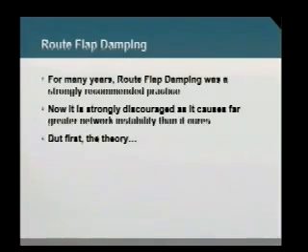Those of us who were around in the early 90s knew the reasons why we had flap damping. Back in those days, it was before the common internet connection was a T1 circuit. People were still dialing in. They got their Class C addresses from John Postel or whoever, and they dialed in, announced the Class C, and then they hung up and withdrew the Class C. Lots of people were doing this.